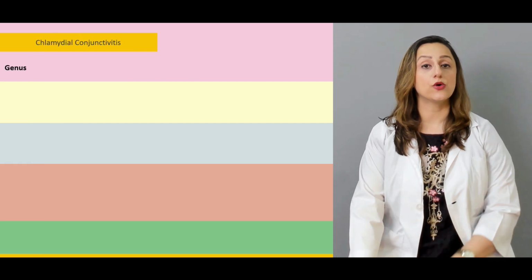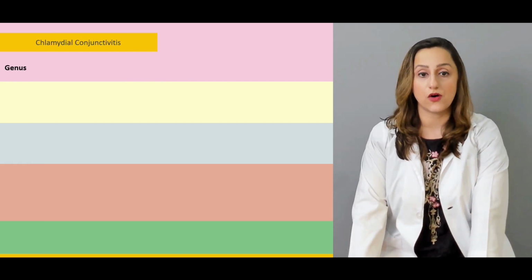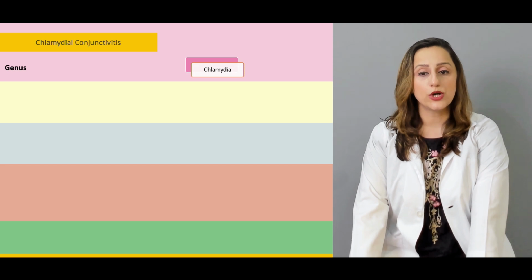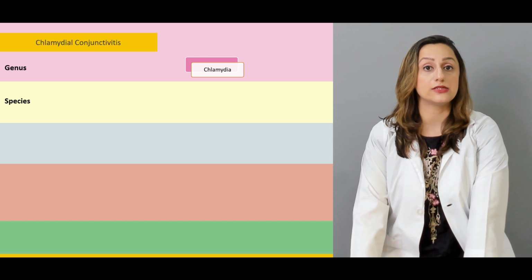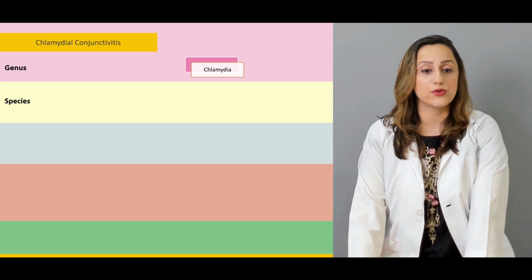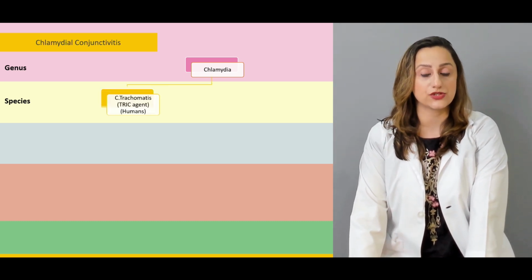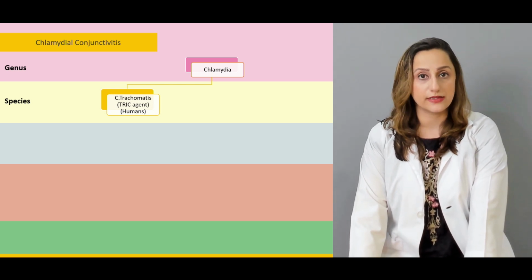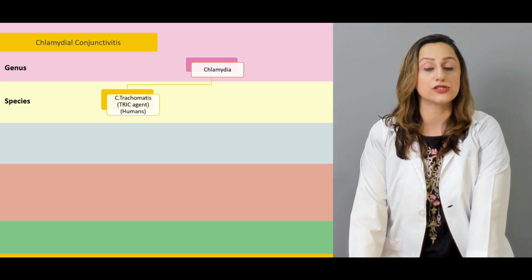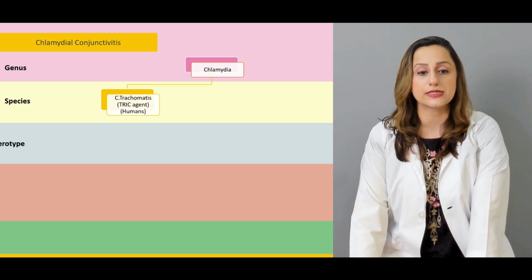Talking about the genesis of the chlamydial infections, the species related to them is primarily Chlamydia trachomatis, the TRIC agent that is quite common in humans.